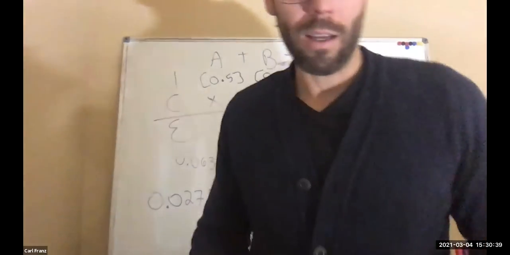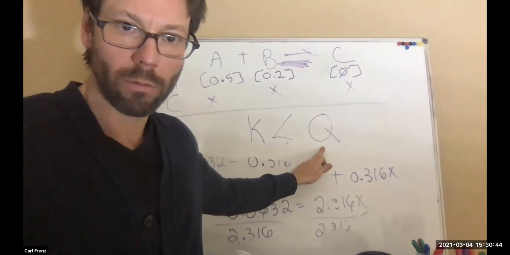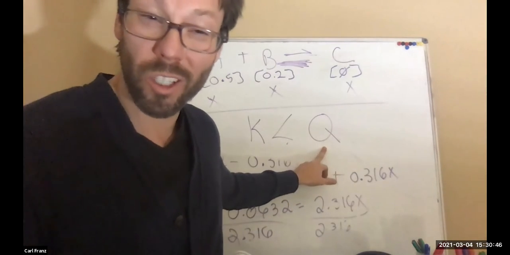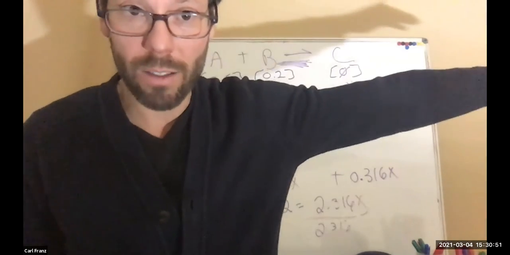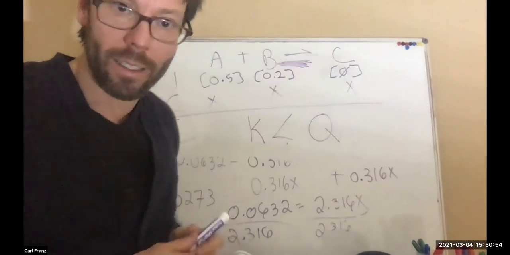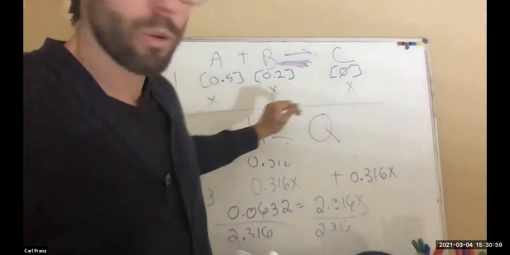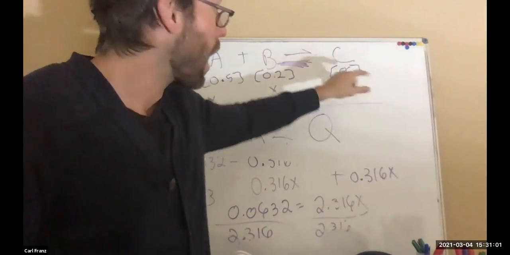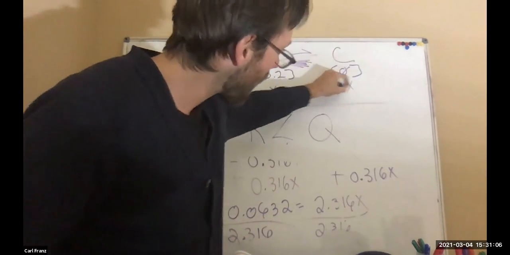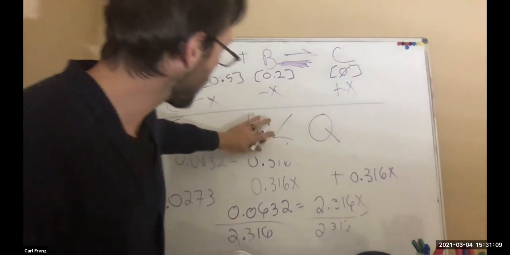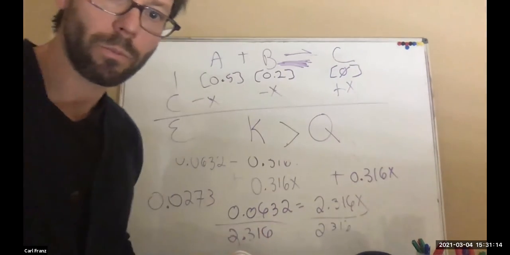So that is why in those ICE tables, we needed to solve for Q. In the first one, Q was 0, so it was smaller than K. K is greater than Q, so it goes toward the products, and now we know that the change is happening in favor of the products. And so this is positive, and this is negative, and this is negative, when K is greater than Q.